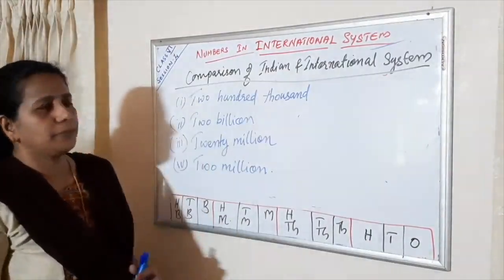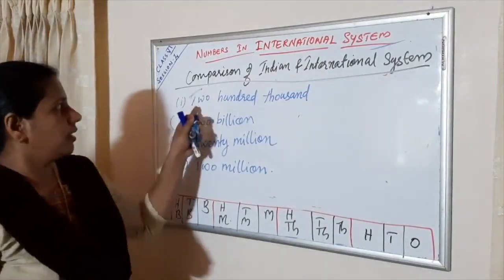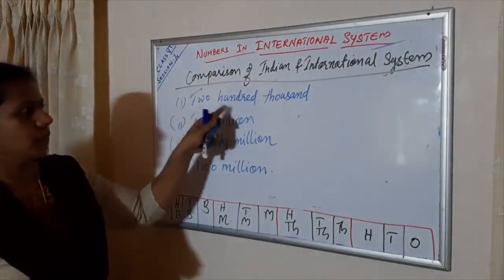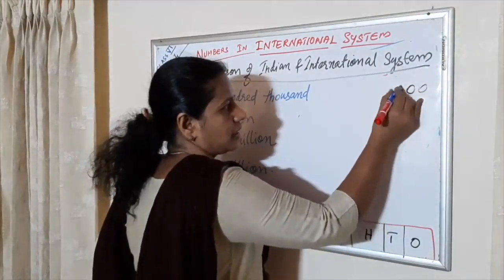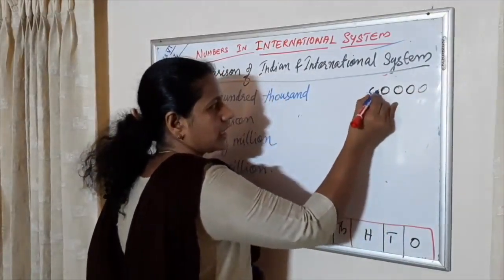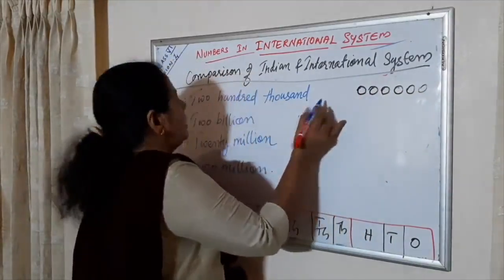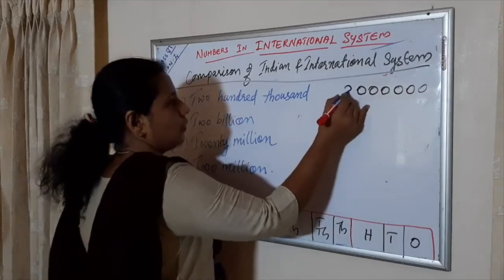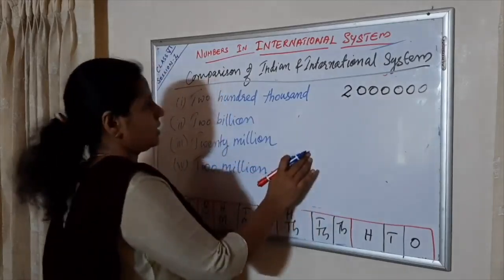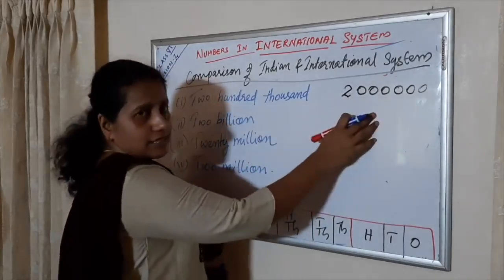Next, how to compare Indian and international system. First one is given 200,000. That is ones, tens, 100, 1,000, 10,000, 100,000. This is in international system.